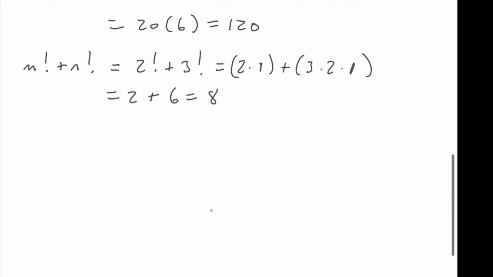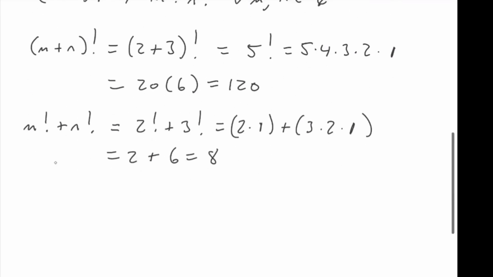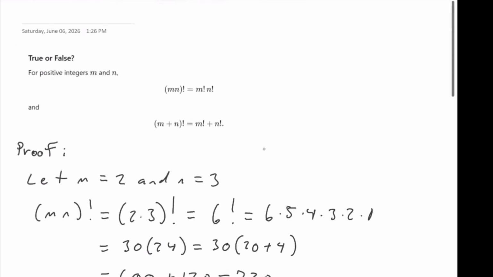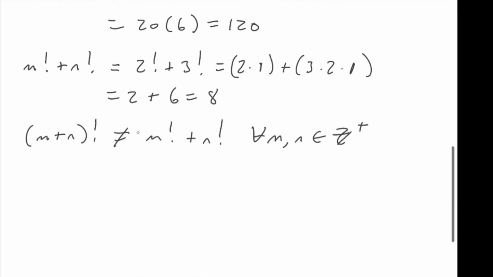So I can definitely see (m plus n) factorial does not equal m factorial plus n factorial for every m and n in the positive integers. So we can see that this statement altogether is false.